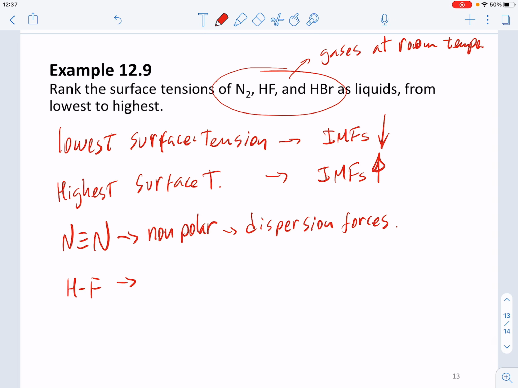Okay, if we look at the HF molecule, hydrogen fluoride molecule, well, it's hydrogen and fluorine. There is nothing more electronegative than fluorine. So pretty much everything that you connect to fluorine will give you a polar bond.